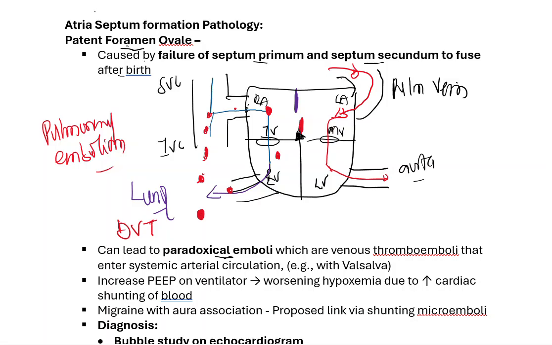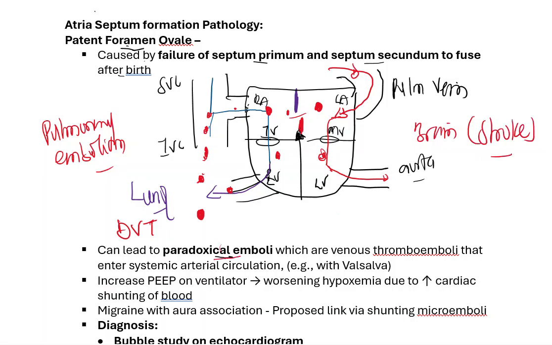But if somebody has a hole in between the hearts, so instead of the blood clot going into the lungs, that blood clot could travel from the right atrium and pass through this foramen ovale and then go into the left atrium. And then from there, it can go to the right ventricle. And then from there, it can go out through the aorta and it can go to the brain. And if it goes to the brain, it can lead to what? Stroke. And that's what we call paradoxical emboli or paradoxical embolism.